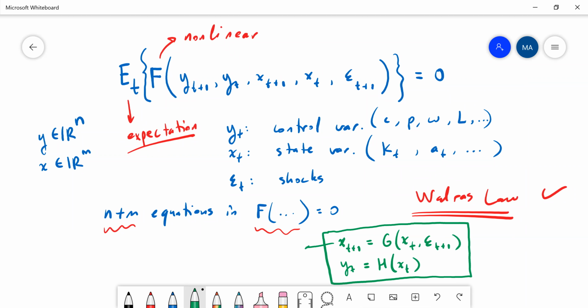For instance, here you have capital accumulation, asset accumulation, right? So these depend on other stuff in the model, and they depend on shocks. And then you have your control variables. By looking at the current state, you find your decisions. So this is called the state space form.